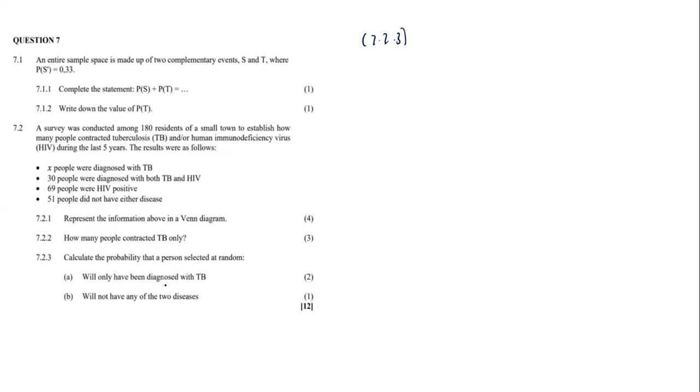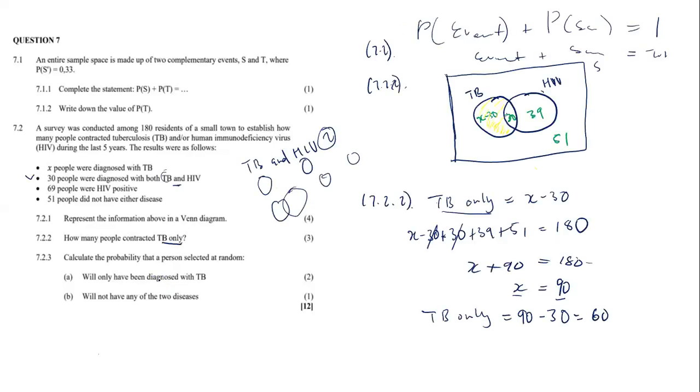Guys, when you read, be careful. So we go back to our Venn diagram. We want probability, we don't want the number of people. Because we are selecting at random, we want the chances, out of 180 people, of getting someone with TB only.